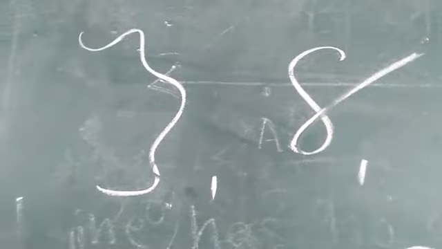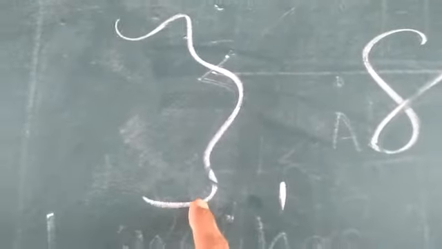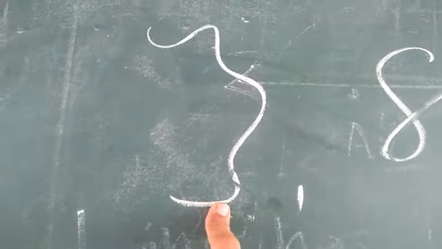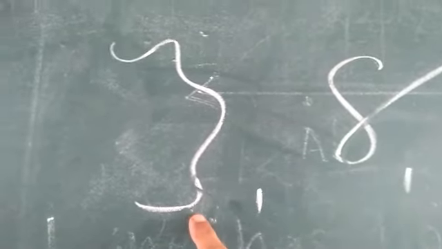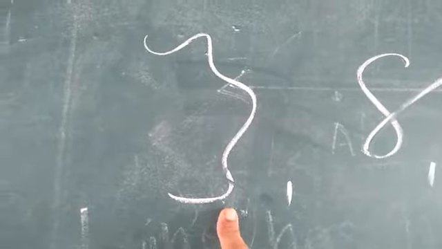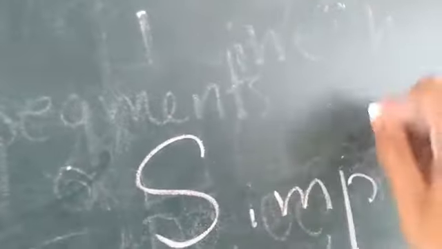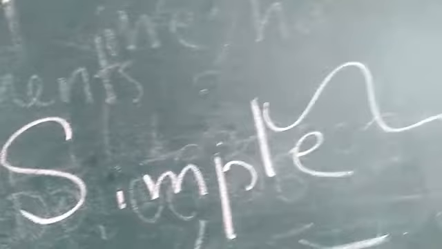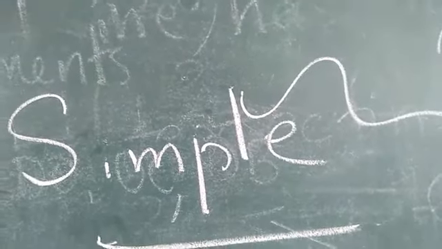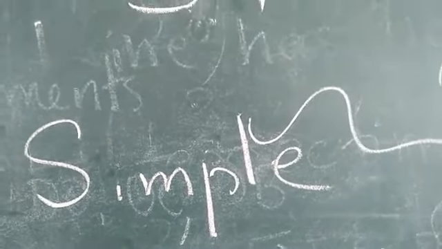So we can say that if a curve does not cross itself, it is called a simple curve. What is the word? Simple curve. So if a figure does not cross itself, it is called a simple curve.